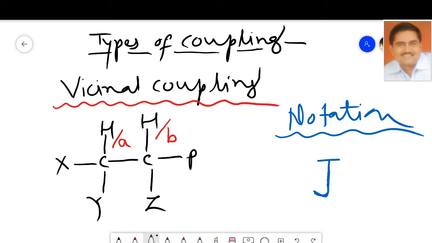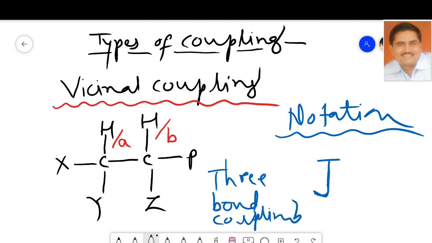And this vicinal coupling is 3 bond coupling, and that's why this is called 3J. Why is it called 3J?